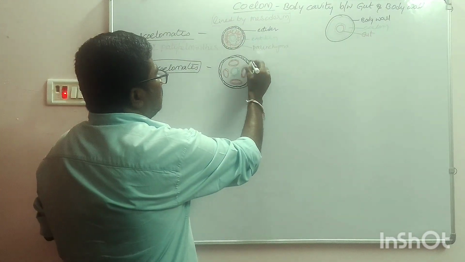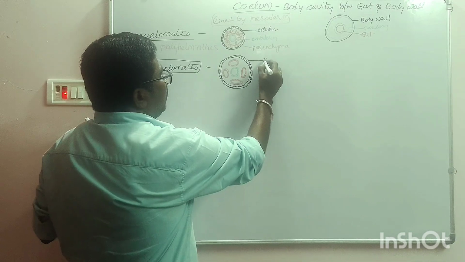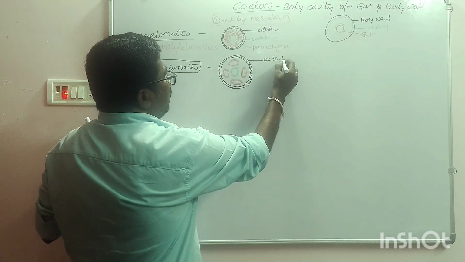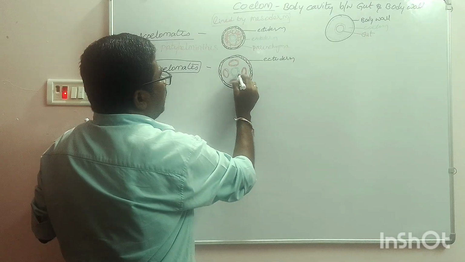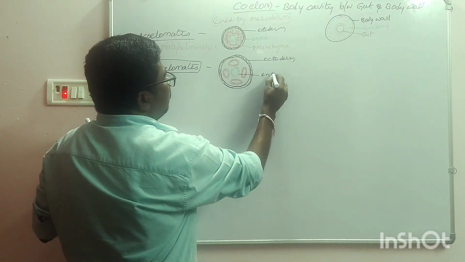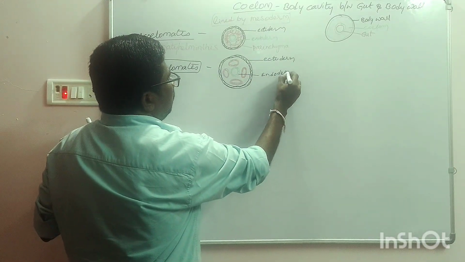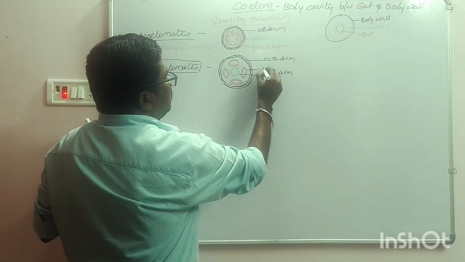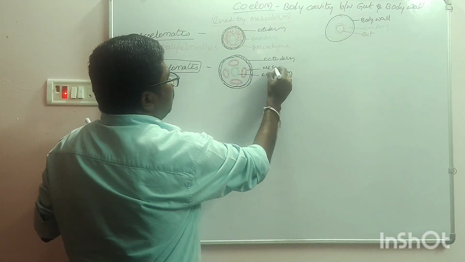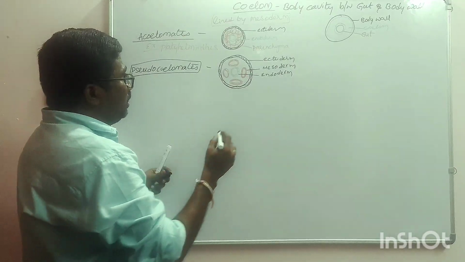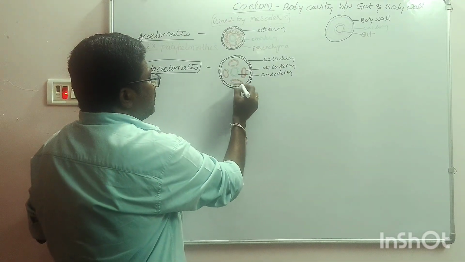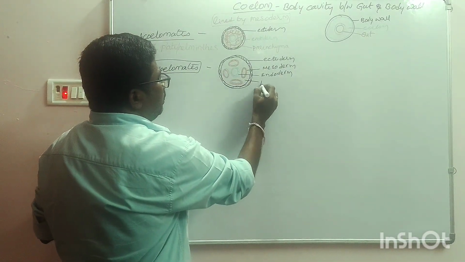What is this called as? This is ectoderm, and this is endoderm. This is the mesoderm. Mesoderm is like pouches in the blastocoel, and this space is called as pseudocoelom.